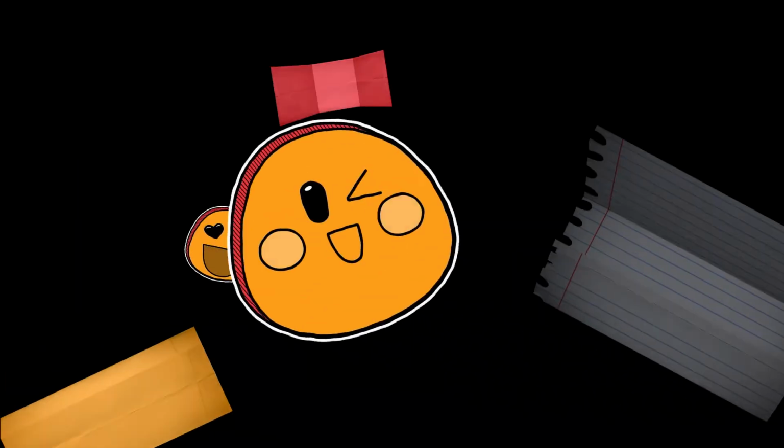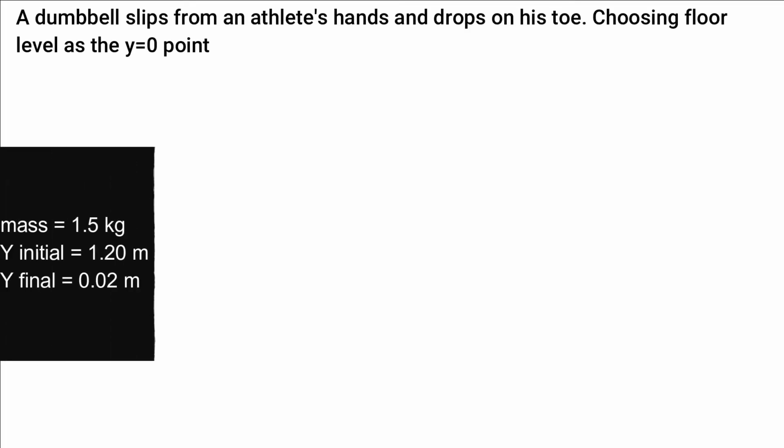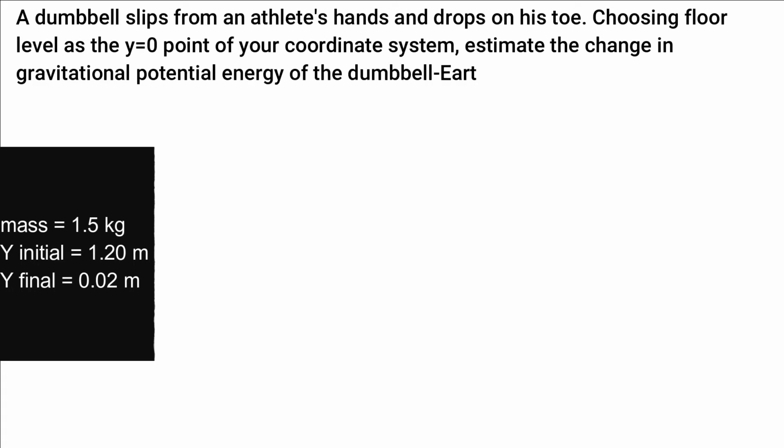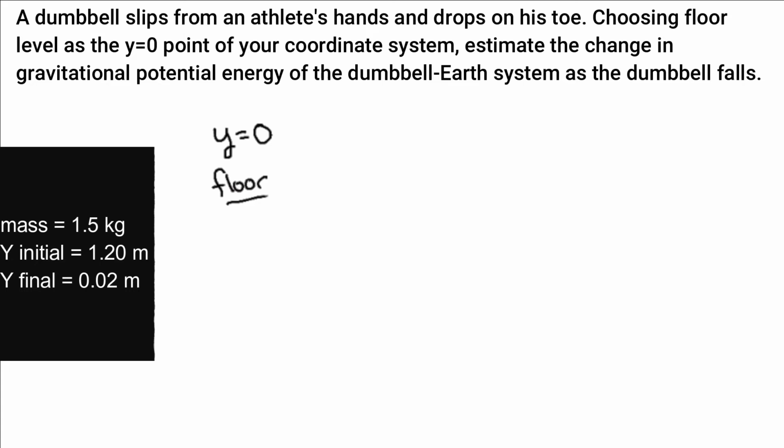Problem number 2. A dumbbell slips from an athlete's hand and drops on his toe. Choosing floor level as the y equals 0 point of your coordinate system, estimate the change in gravitational potential energy of the dumbbell-Earth system as the dumbbell falls.